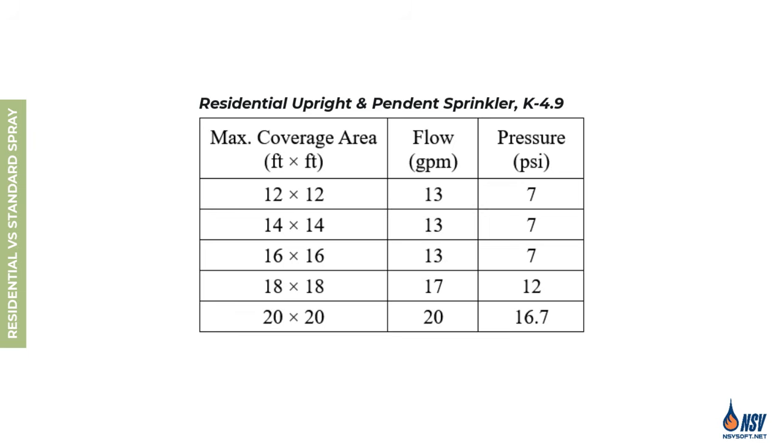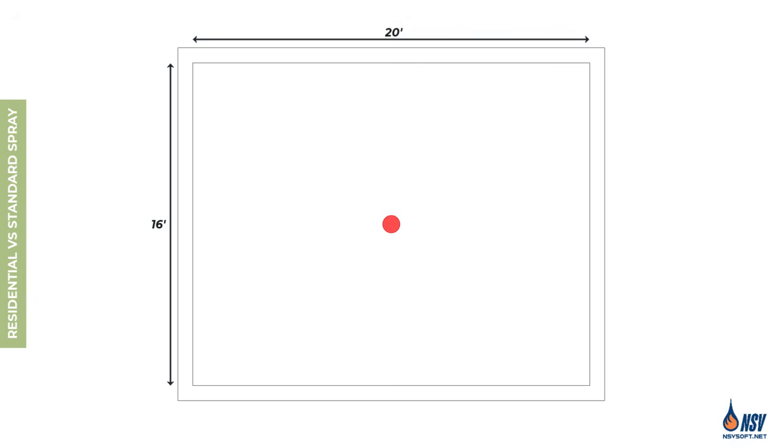When selecting the minimum required pressure for a sprinkler, the larger dimension of the area to be covered should be considered. For example, if a pendant residential sprinkler is installed at the center of a 16 by 20 foot room, the minimum required pressure should be based on the 20-foot dimension. In other words, the pressure required for a 20 by 20 foot sprinkler coverage.